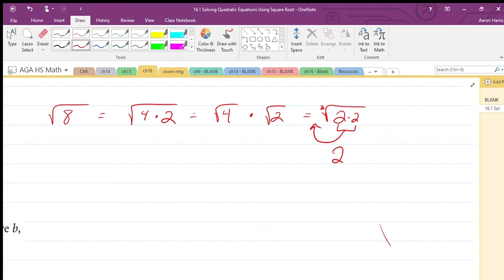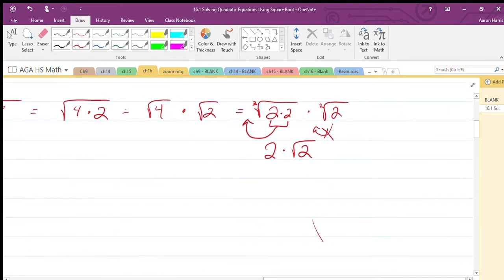But for the sake of argument, we bring out a 2. Notice though, in this square root of 2, we only have one 2. And since we don't have 2 of them, I cannot bring it outside of the radical sign. Therefore, it stays inside, and I keep it as 2 times the square root of 2.